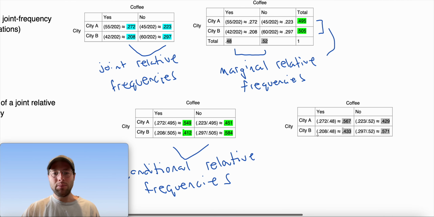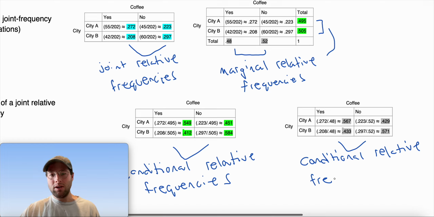And now this table is the same thing. These are also conditional relative frequencies, but we are using different marginal relative frequencies to get them. In this one, we're using the marginal relative frequencies shown highlighted in gray here.